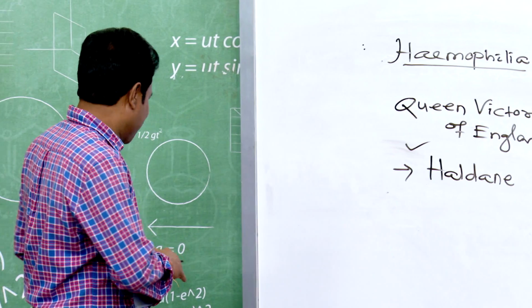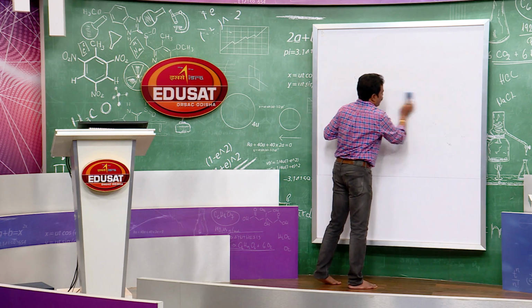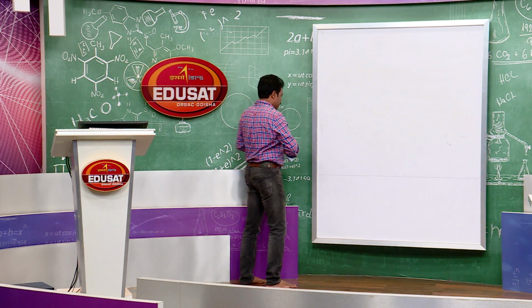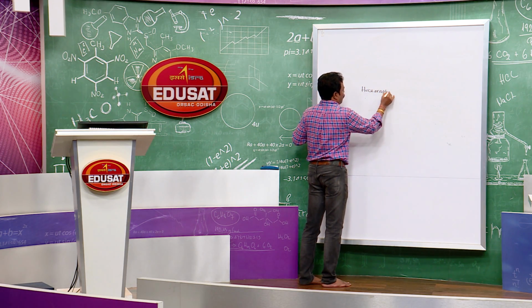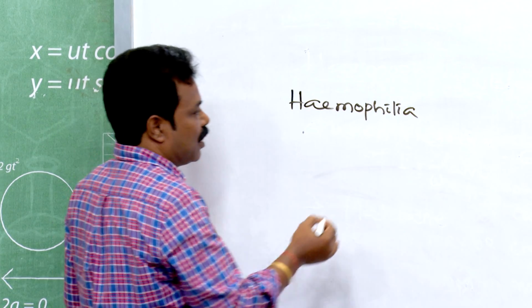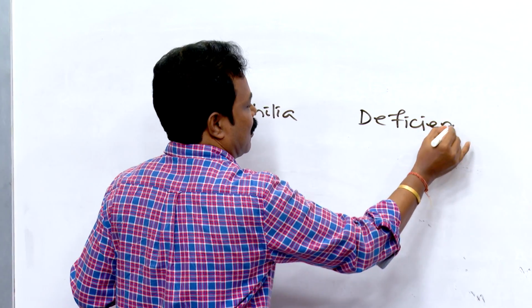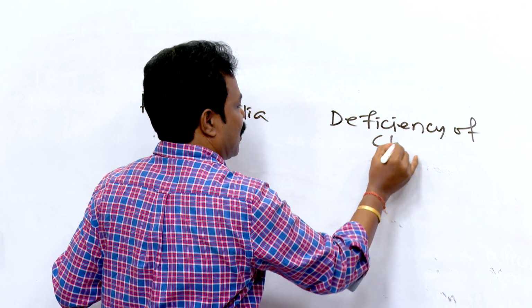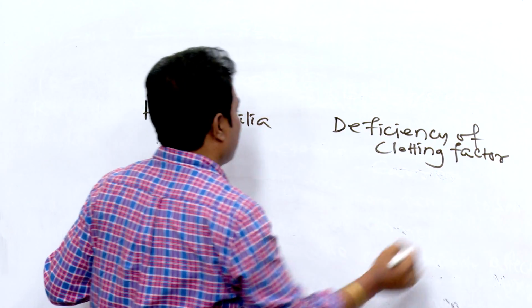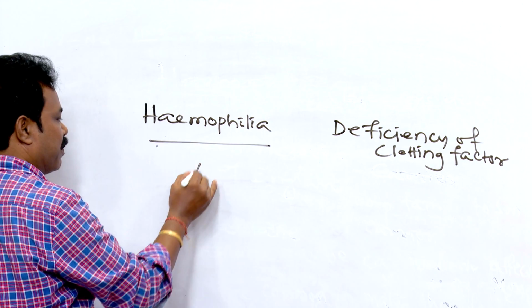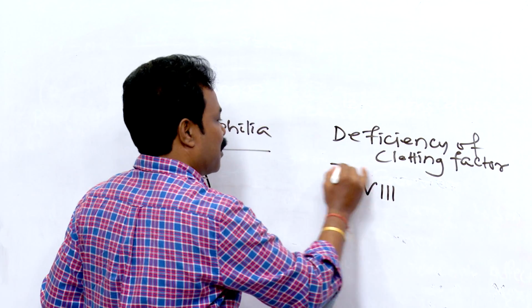Hemophilia is of three types, that is hemophilia A, hemophilia B and hemophilia C. Hemophilia A is due to deficiency of clotting factor VIII.